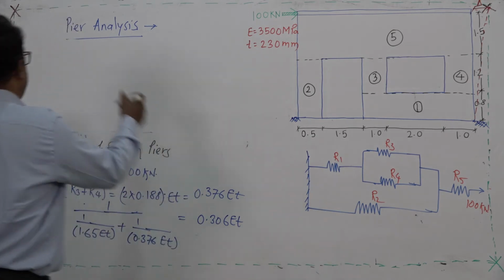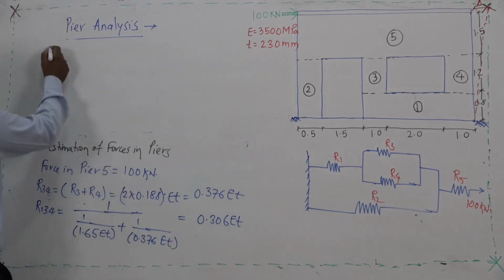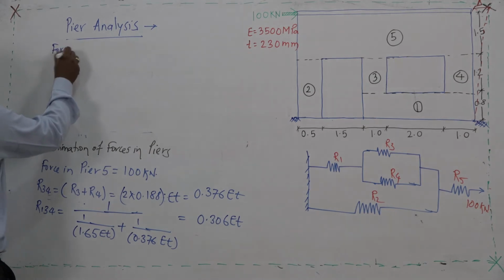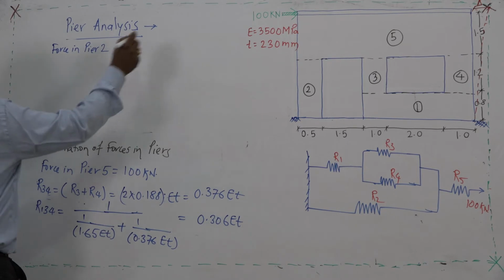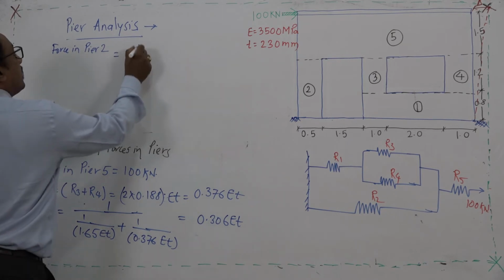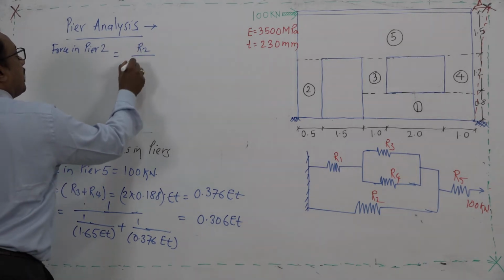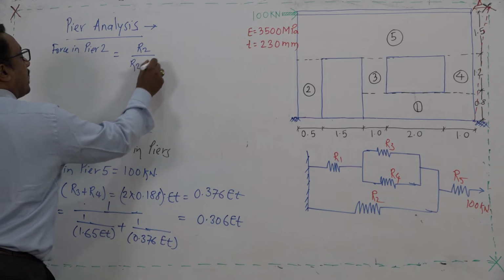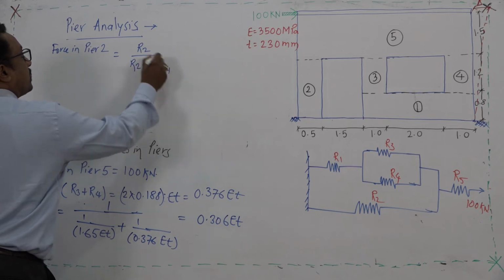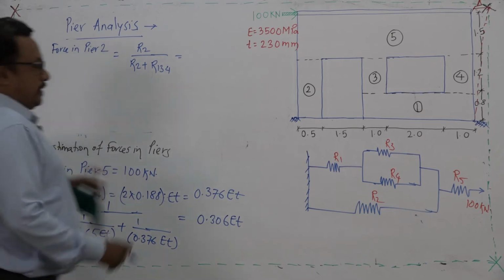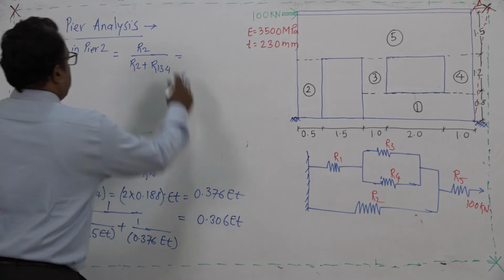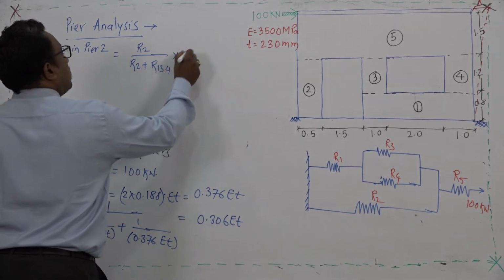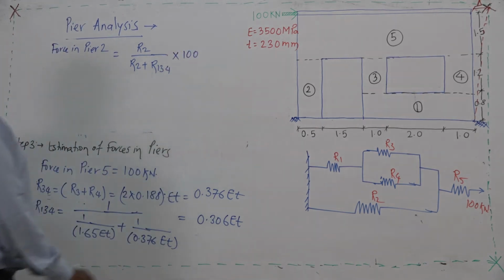Now, if I want to estimate the force in pier 2, the force in pier 2 will be R2 divided by R2 plus R134, the equivalent stiffness, multiplied by the 100 kilonewton, which is the applied force.